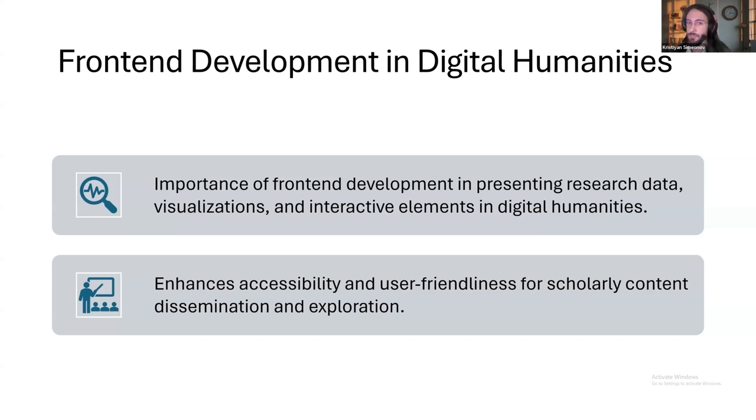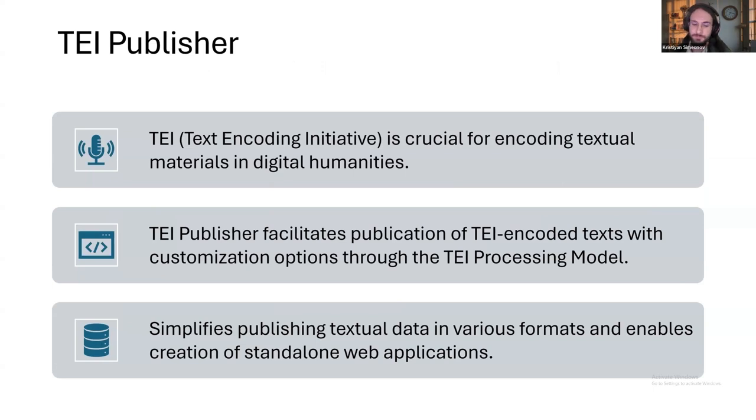So I'm gonna talk briefly about TEI Publisher here. I'm gonna talk about TEI Publisher in a few minutes again, but in a more expanded version. TEI as a standard for text representation is crucial in the digital humanities for encoding textual materials in general.